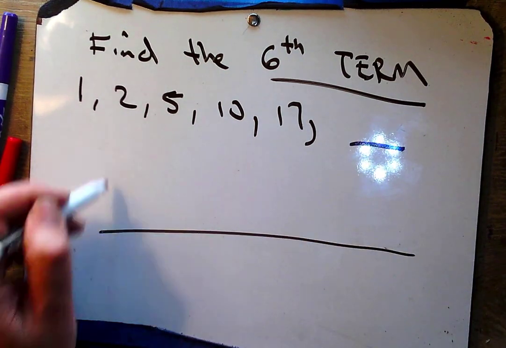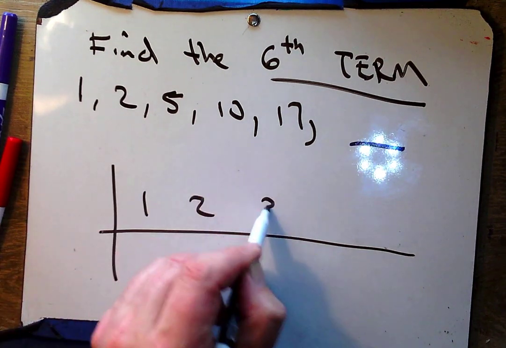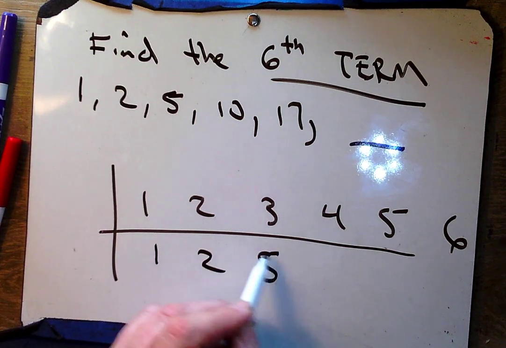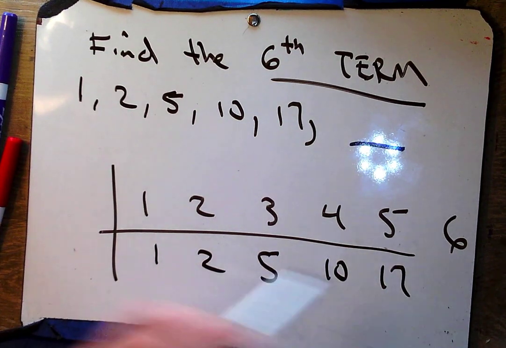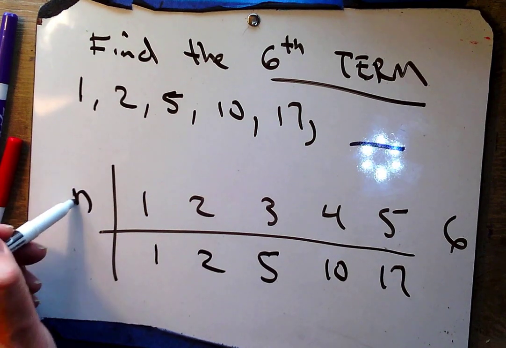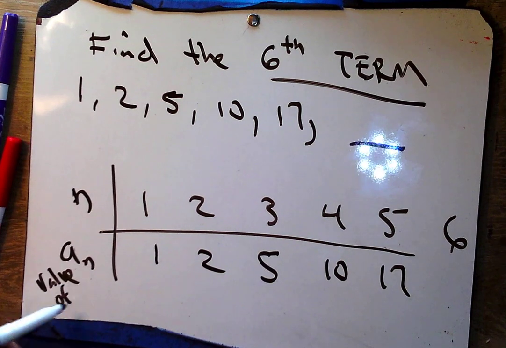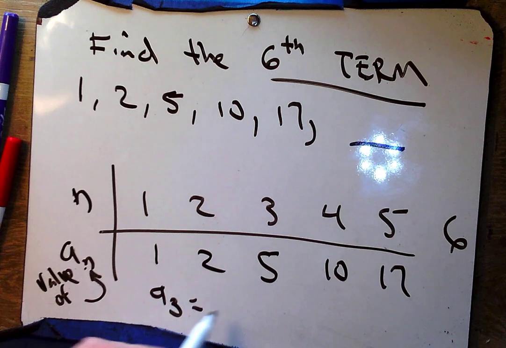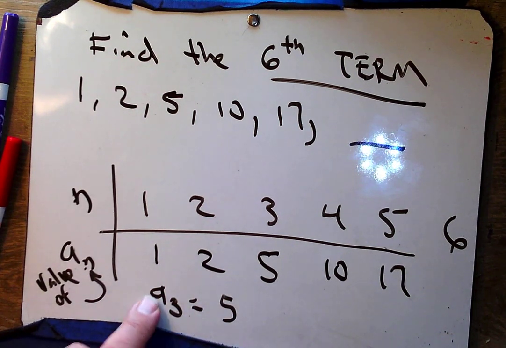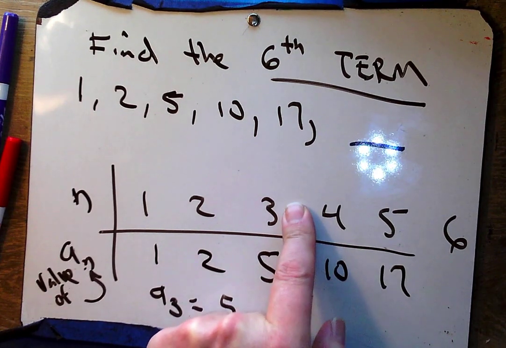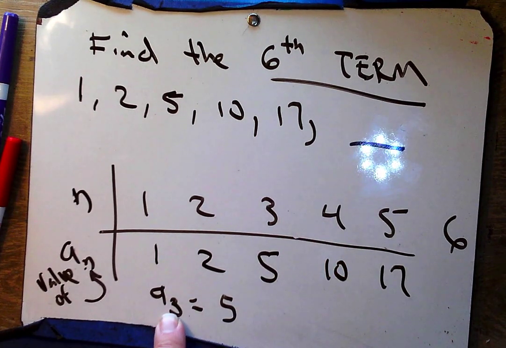Now, again, sometimes it can be really helpful to have your term number as well as the value of that term number, right? So a sub 3 is 5. The value of the third term is 5.